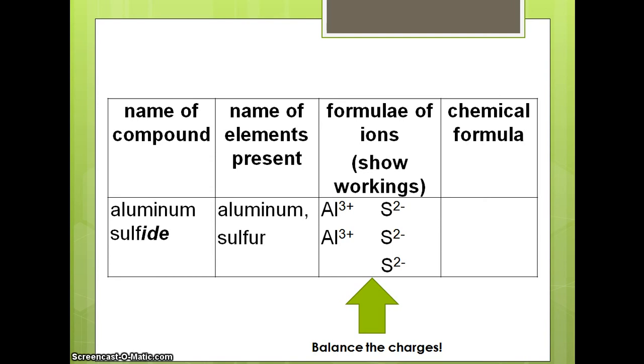Again, importantly, we need to balance the charges at this point. So, we'll have the chemical formula of Al2S3 for your aluminium sulfide.